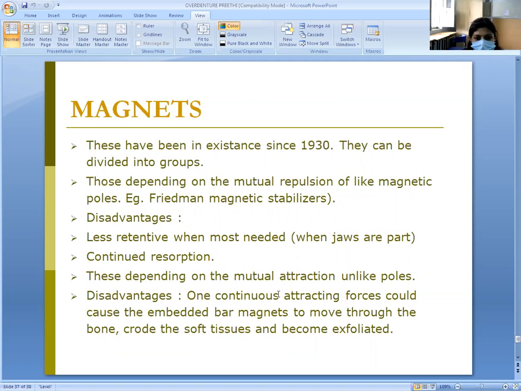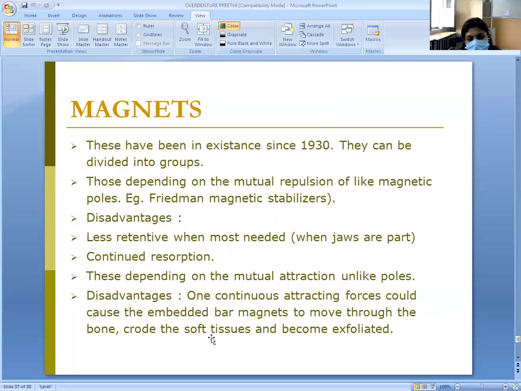Disadvantages are, one, continuous attracting forces could cause the embedded bar magnet to move through the bone and soft tissue and become exfoliated. So when there are continuous magnetic forces, the magnet comes out of the bone and soft tissue.